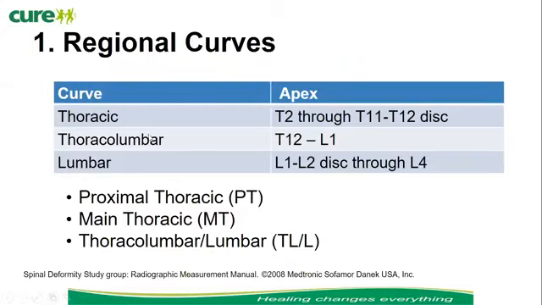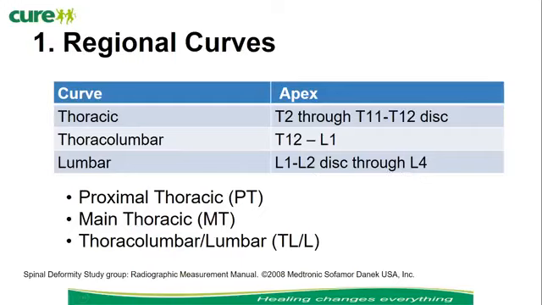But occasionally you have 2 thoracic curves, one of which is more proximal and the other one is a little bit distal. The distal one, we call it the main thoracic, and the proximal one, we call the proximal thoracic. Then the thoracolumbar usually has an apex between T11 and L1, including the disc. And the lumbar curve has an apex between the L1 and L2 disc through L4.